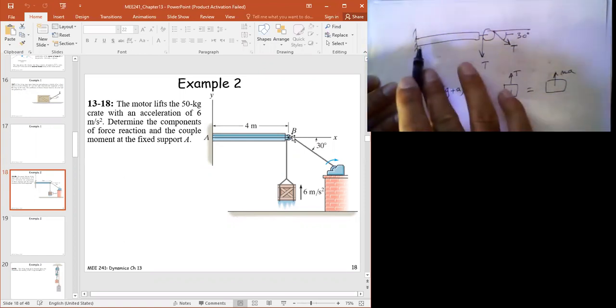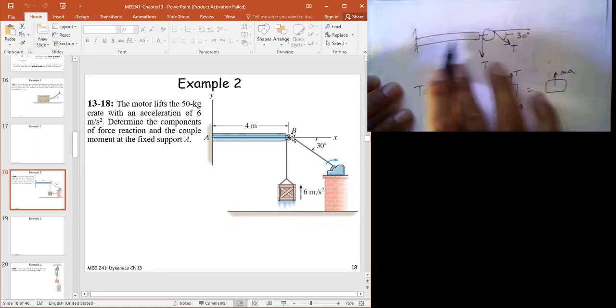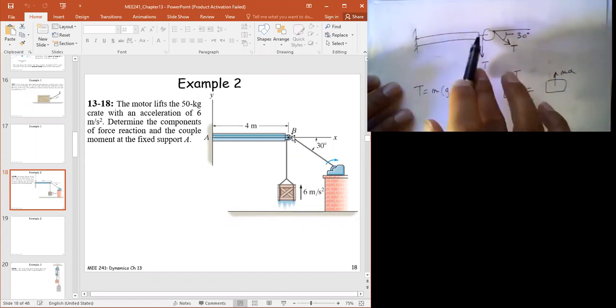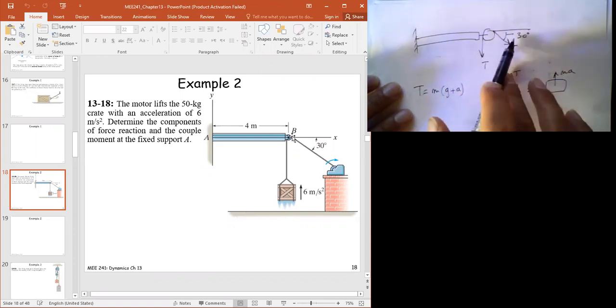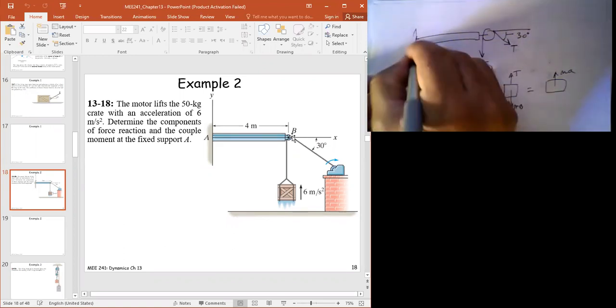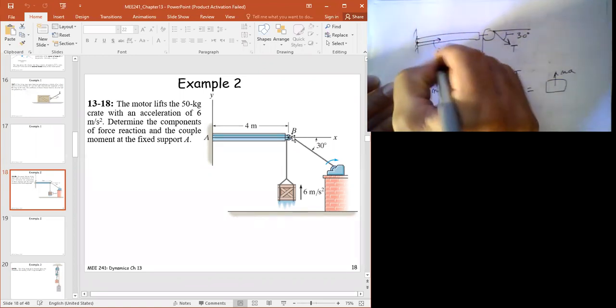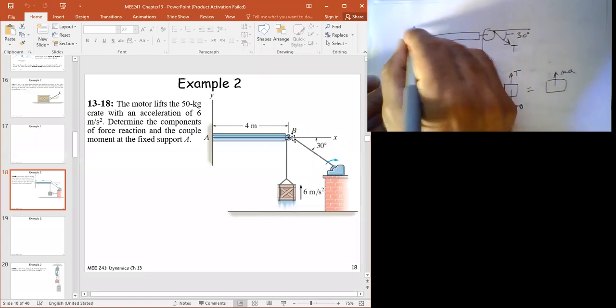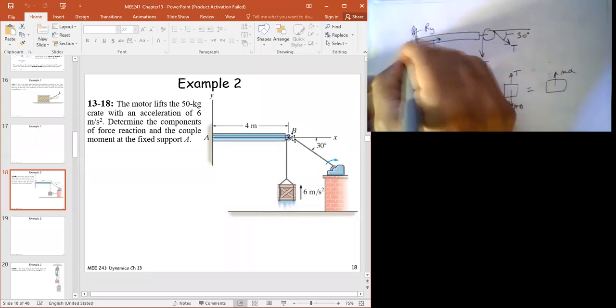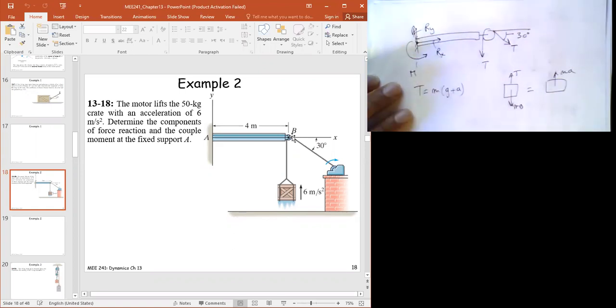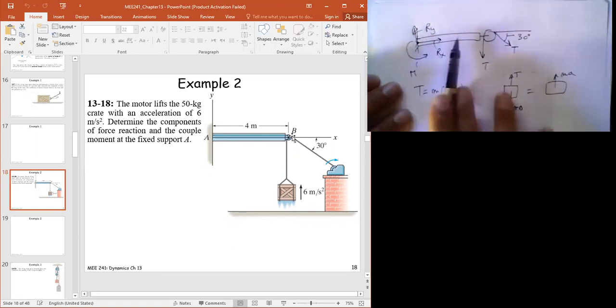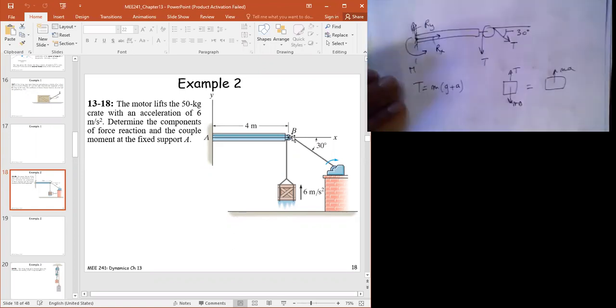So if I were to do a free body diagram on this, it has two forces applied on it like that, right? Here I have Rx, I have Ry, and I have a moment, right? How can I find Rx on this beam? Sum of the forces. We sum the forces in the x direction.